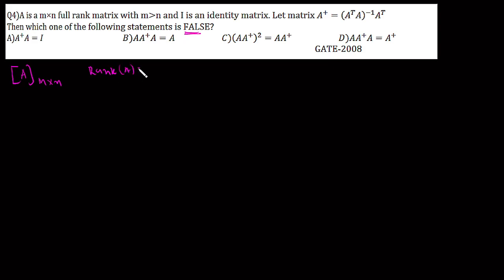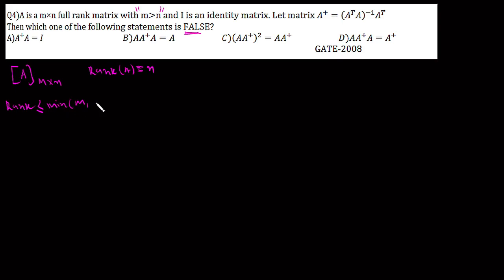The rank of A is N, because we have to choose the minimum of these two numbers. A full rank matrix means the matrix is not rank deficient, it has the maximum rank it could have. The maximum rank for this matrix is N, because remember the basic concept: the rank of any matrix must be less than or equal to the minimum of its dimensions.